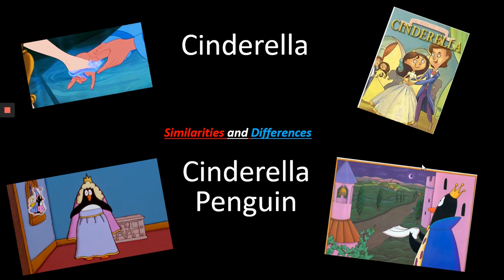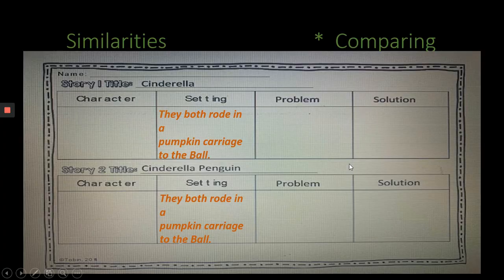So you should have filled out a graphic organizer that had Cinderella, the character, the setting, the problem, solution, and Cinderella Penguin, the character, setting, problem, and solution. What we would like for you to do now is to circle, highlight, or write down the similarities that you remember between Cinderella and Cinderella Penguin.